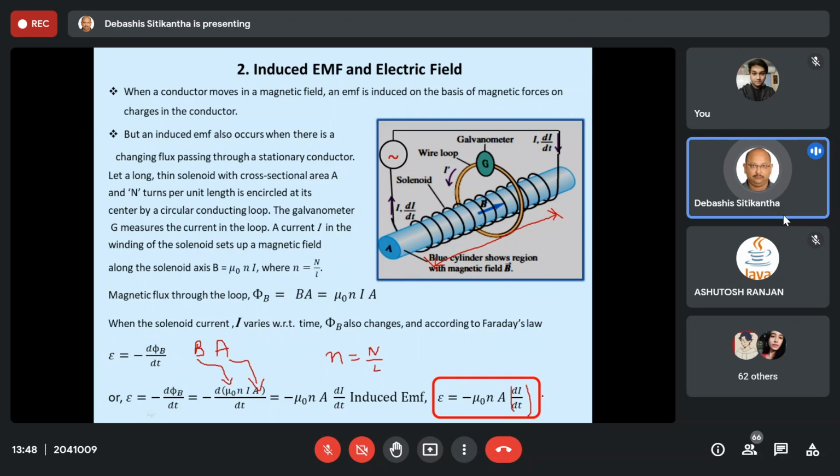That means you are generating electromagnetic waves at a particular frequency. The receiver must acknowledge the frequency, so that when the frequency matches, there will be something known as resonance. We'll study about that. That resonance will circulate a very large current, and this current is going to charge up your mobile phone or your tablet, as the case may be.